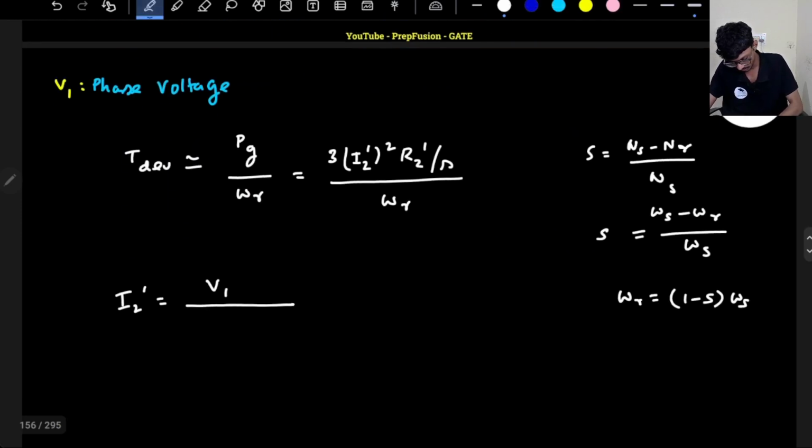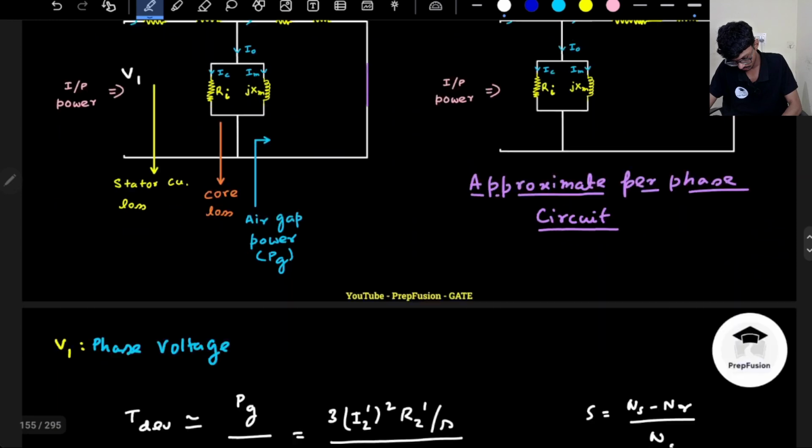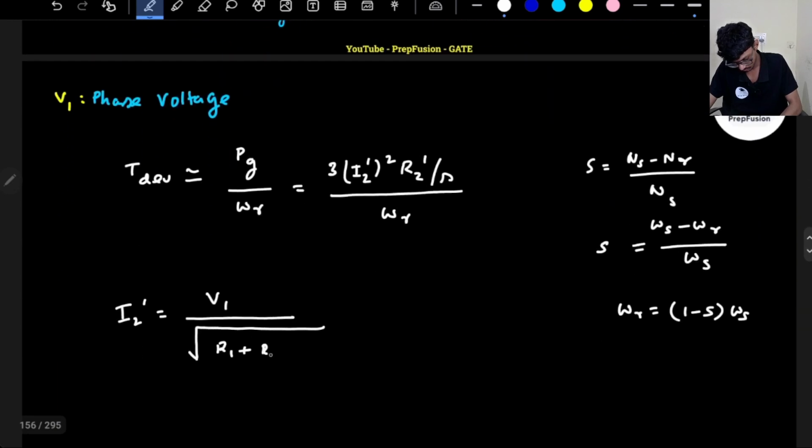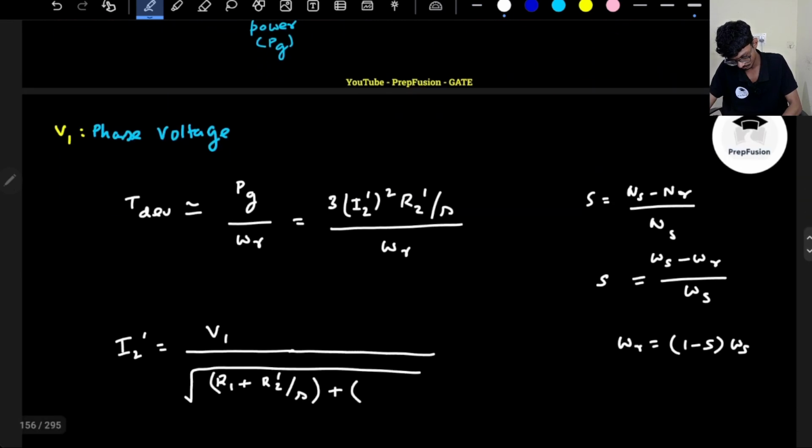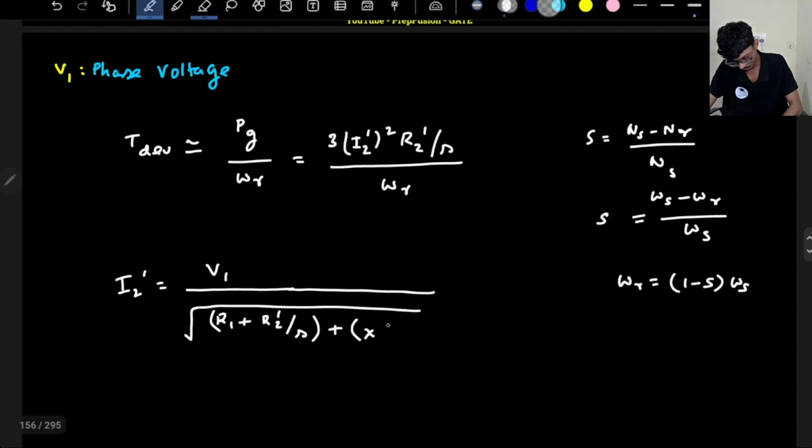So this will be under root of R1 plus R2 dash divided by S, plus X1 plus X2 dash, whole square.